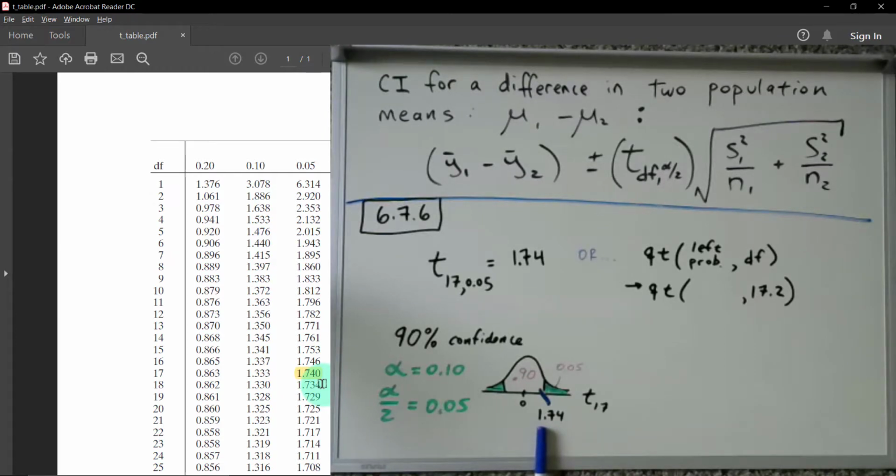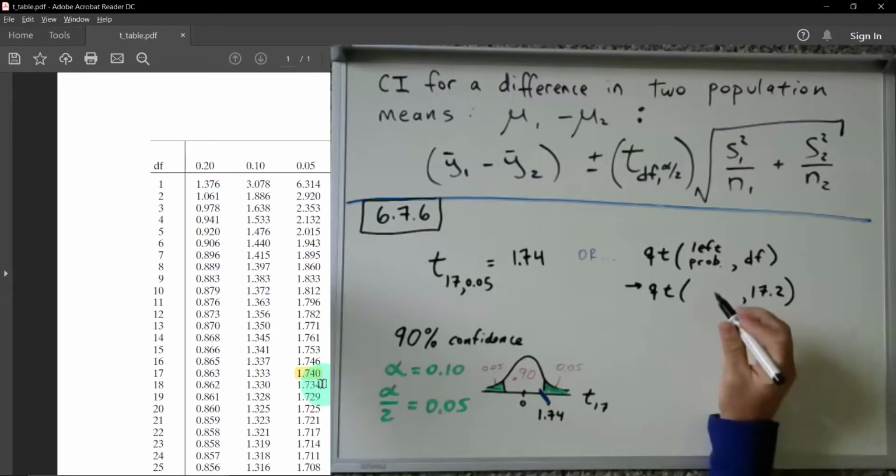Add them up. The area to the left of this blue tick mark is not 0.05, not 0.90, but 0.95.